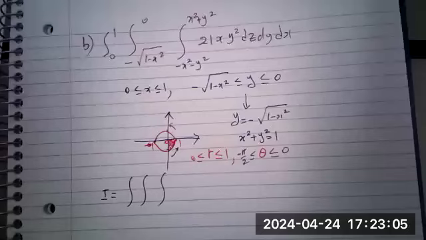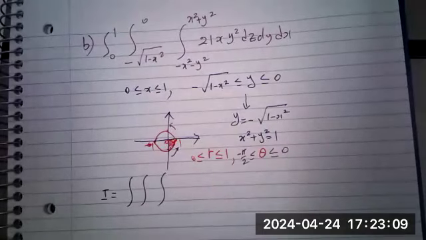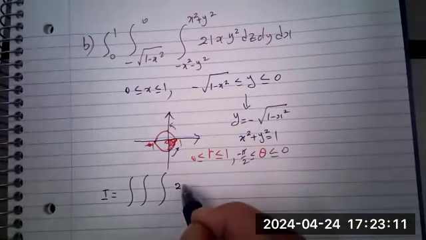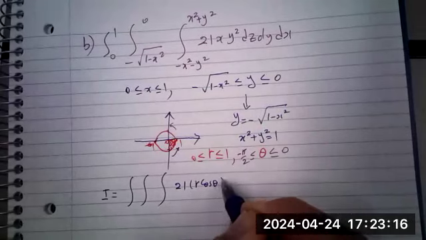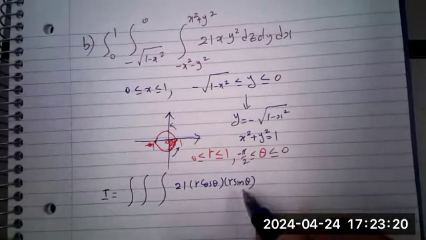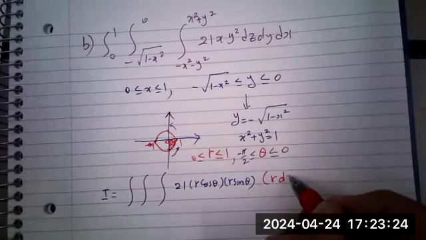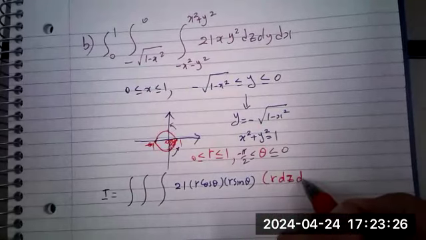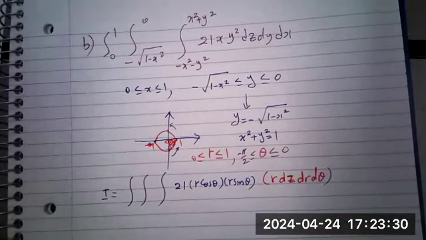You have to change the function because you have the x and the y squared, so it will be 21. You replace the x by r cosine theta, and you replace the y by r sine theta. Remember the extra r, and dz, dr, d theta. That's the situation I'm going to have.